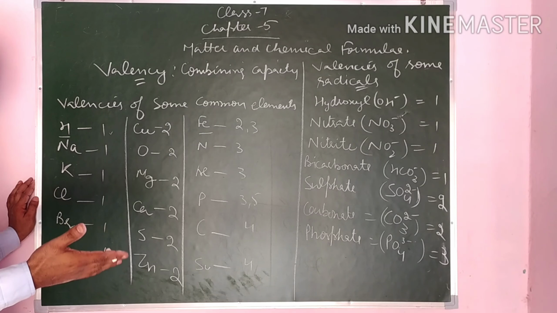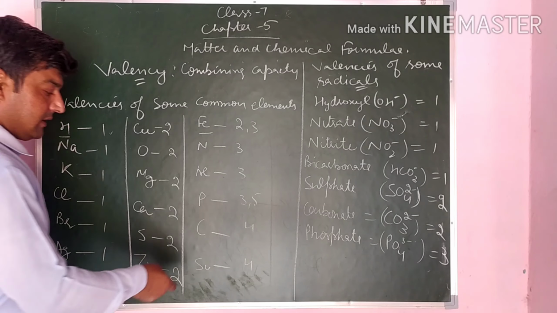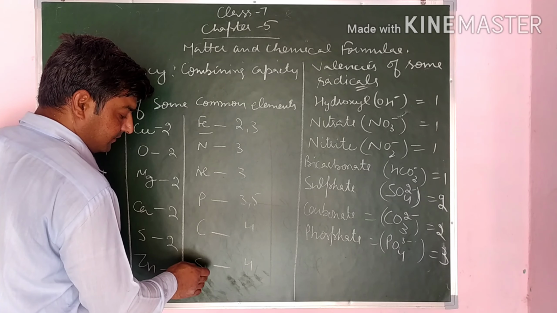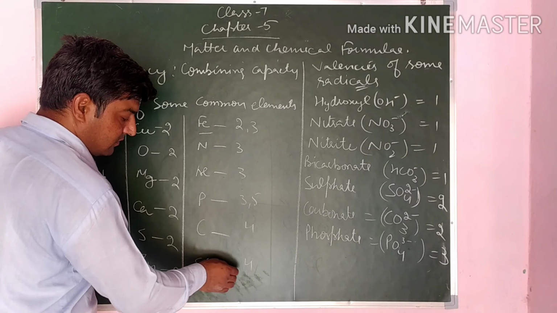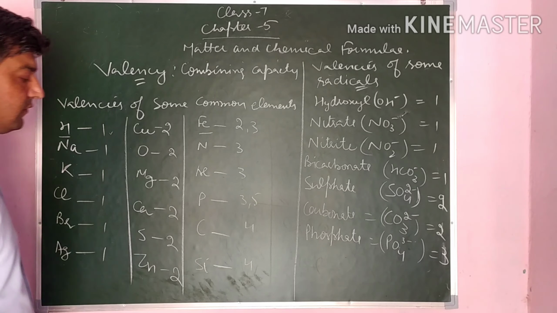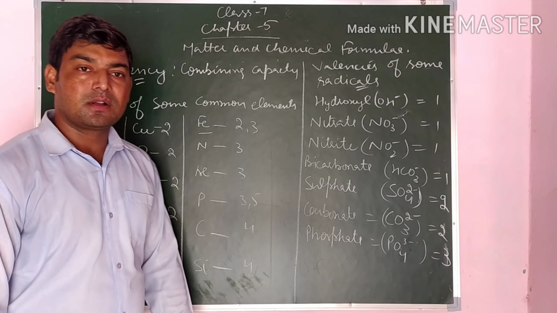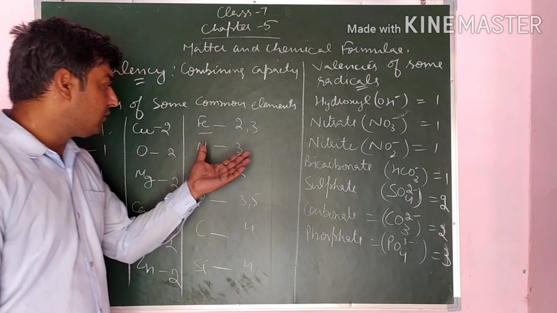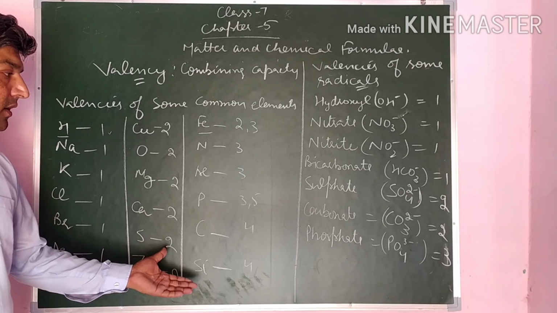It also depends on the combining elements. So carbon, silicon, its combining capacity is 4. Combining capacity means the valency. The valencies of these elements are written here.